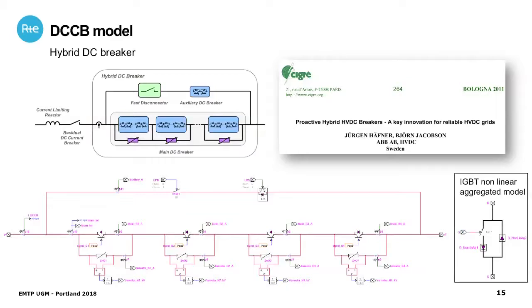So this one is the detailed model that includes all the valves, and the valves are modeled with an aggregated IGBT nonlinear model. This is the internal part of each valve. If you have one valve here, it is modeled with this one.